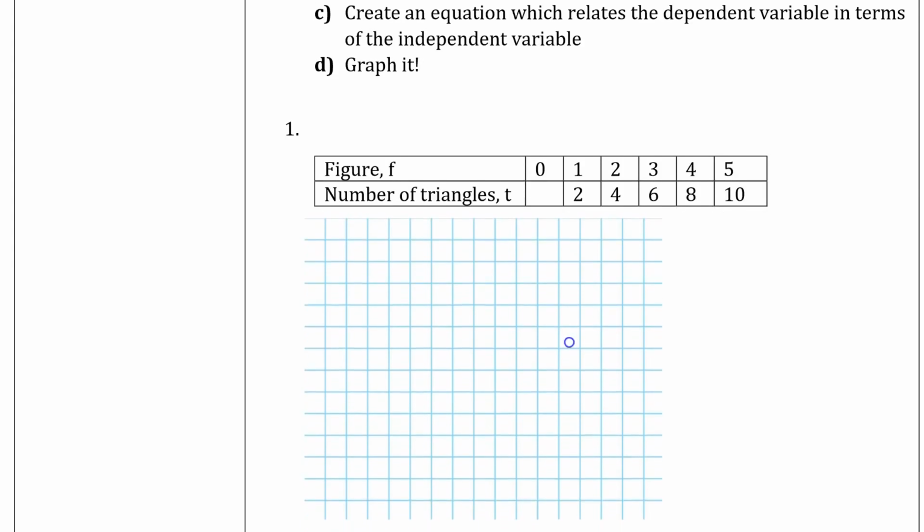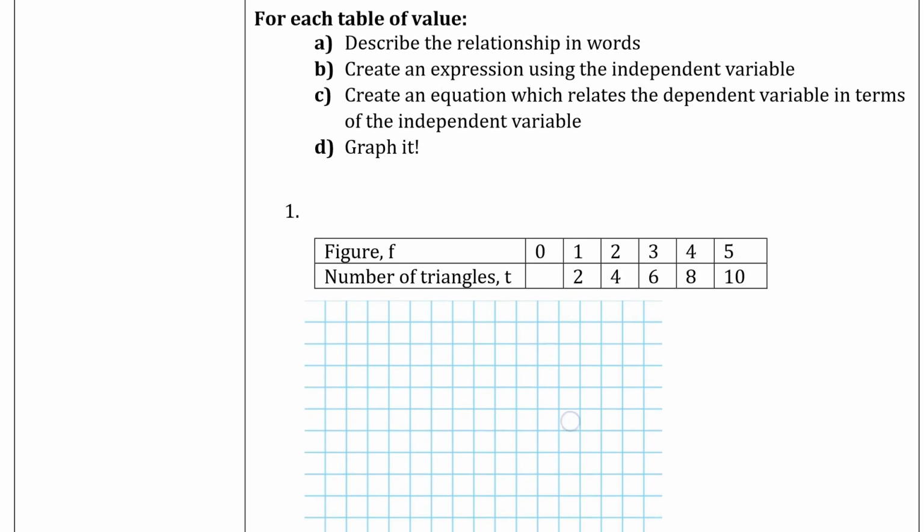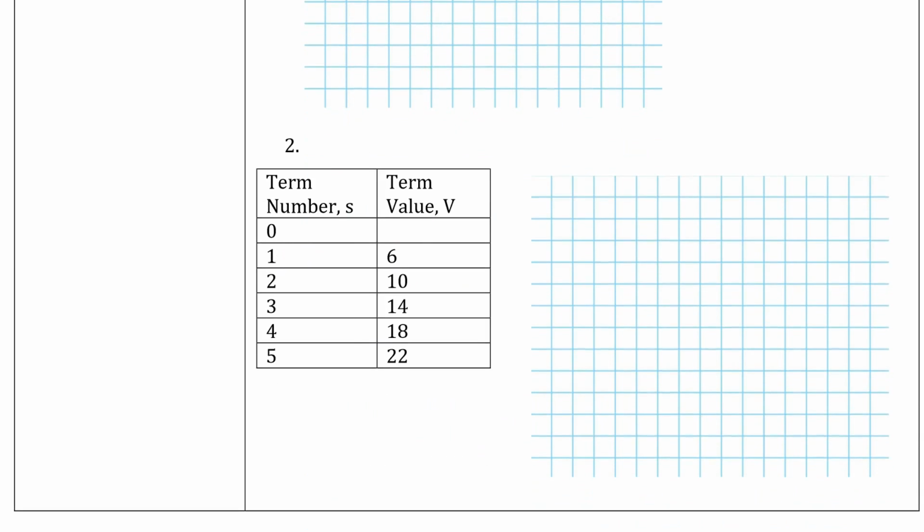So first things first, let's identify which is the independent and which is the dependent. Graphs or charts give us the independent variable first on top and the dependent on the bottom. Now you're going to scroll down and see, here is another way of expressing.